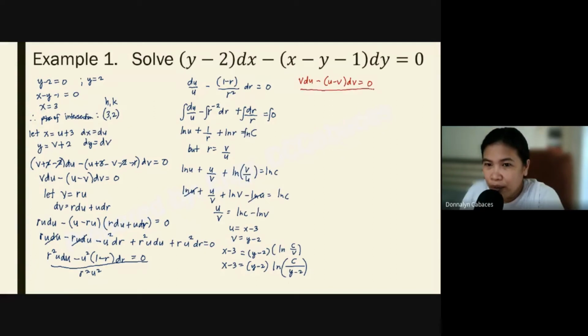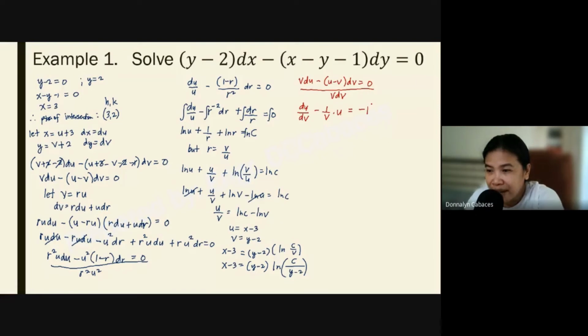So if we divide it by v dv, you have the derivative of u with respect to v minus 1 over v times u is equal to, so positive v over v is 1, moving to the other side is negative 1.